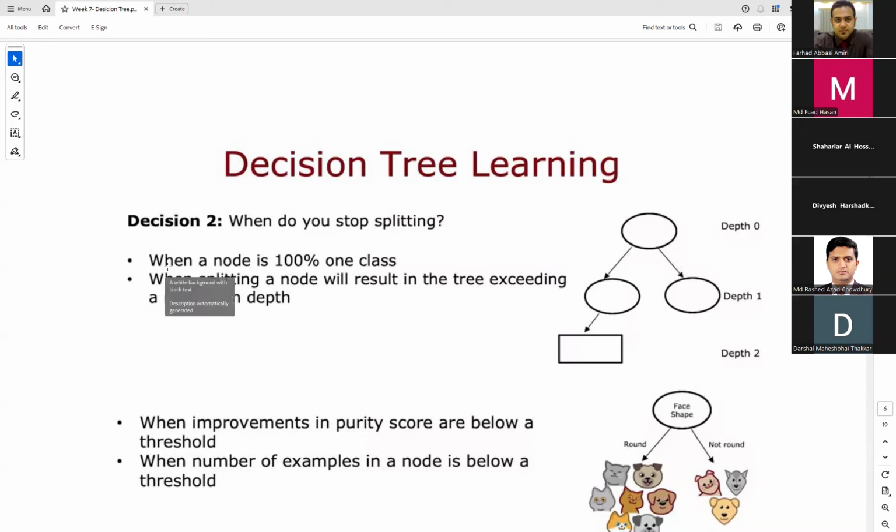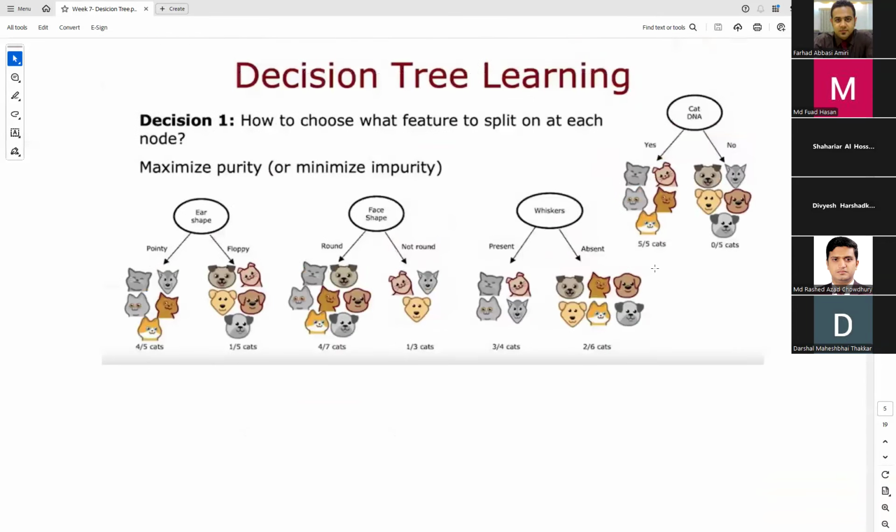First of all, when a node is 100% one class, it means you have obtained the maximum purity. You remember the cat DNA? The cat DNA is a very accurate feature, and it can say whether each picture is a cat or a dog. By splitting the data points on this feature, at the earliest stage you can have two classes.